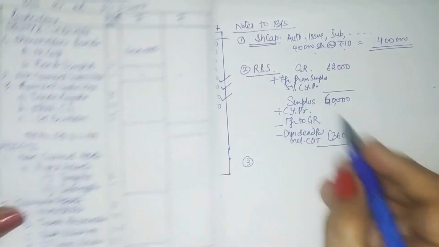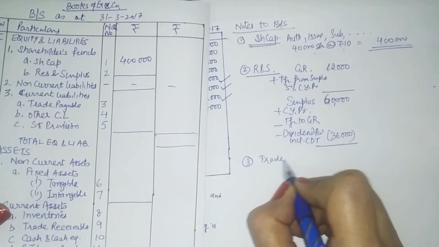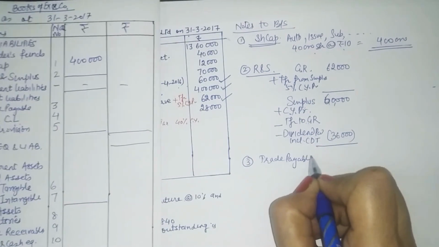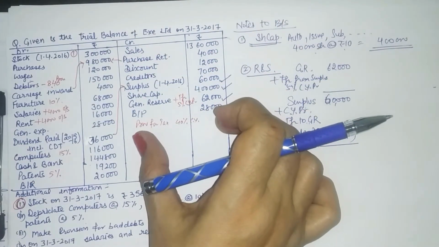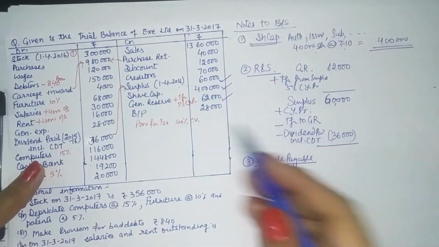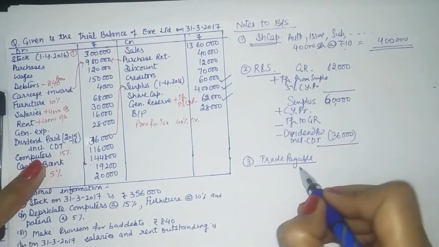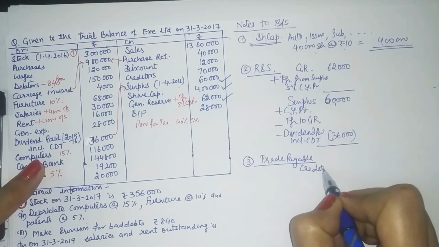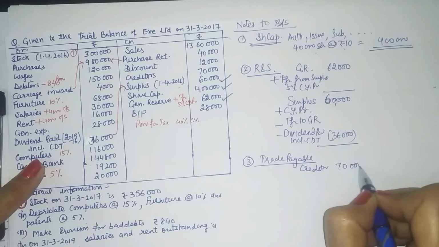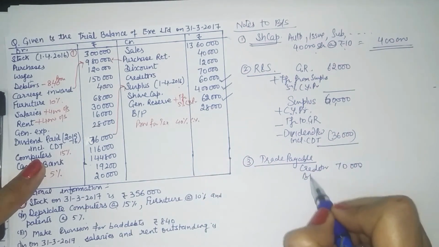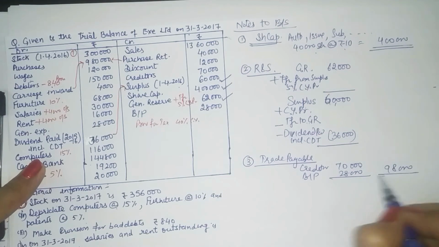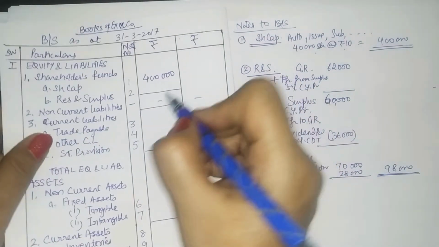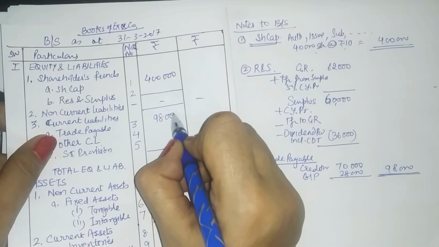Now trade payable. Now what are the trade payables given? We are looking at the equities and liabilities, so we should look here majorly. So your trade payables include creditors. So you have creditors 70,000, bills payable 28,000. So total is 98,000. Alright, so we can put it here 98,000.